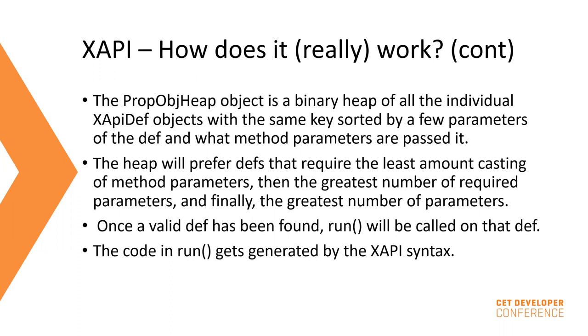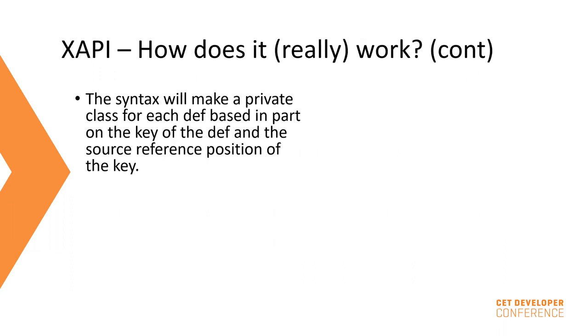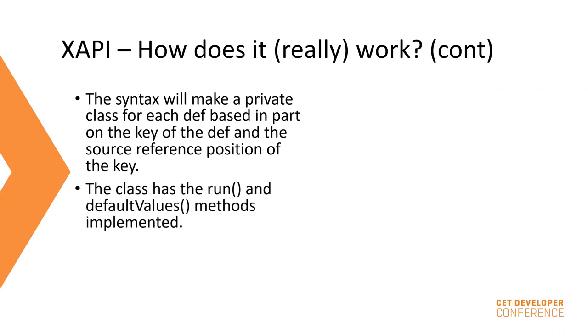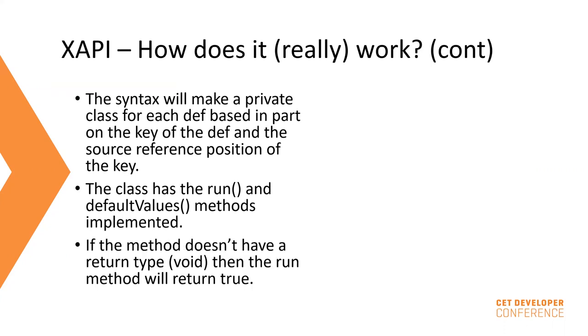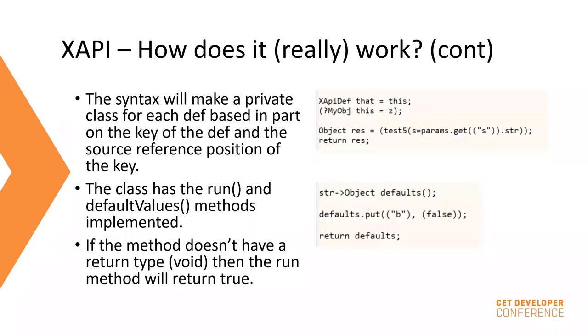The code that is actually in run on the actual def gets implemented by the XAPI syntax. So the syntax is going to make a private class for each def based on the key and the source reference position of the string passed in. This class will get the run and the default values methods implemented. If the method doesn't have a return type, albeit a void method, it will return true by default. And here on the right, we can see the actual code that gets put into those methods.